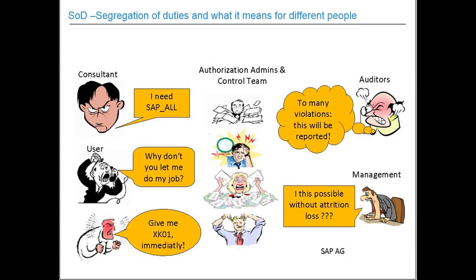He will have a look and check if MM01 can be given to this user or not. Then the ticket comes back to the authorization team. They have a look, they check, and if the functional consultant says it is fine, he goes ahead, puts the transaction code in one of the roles, and gives it to the user.